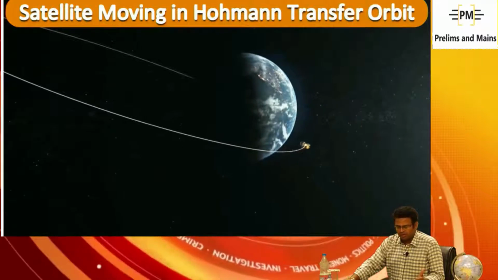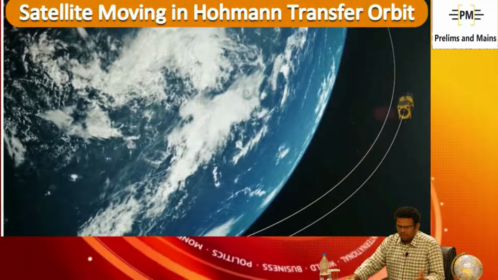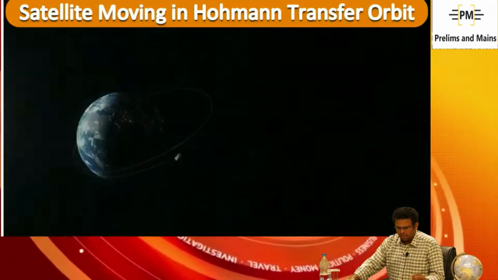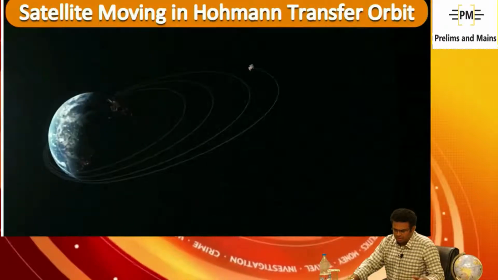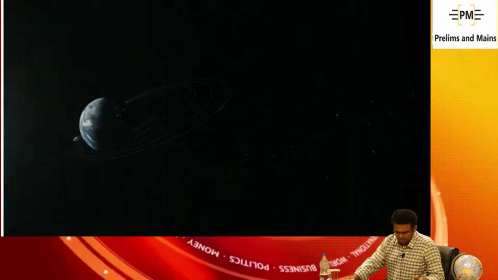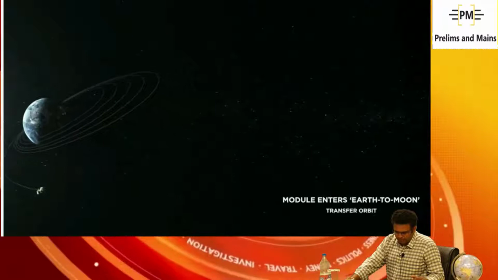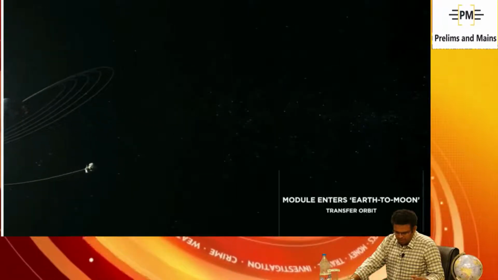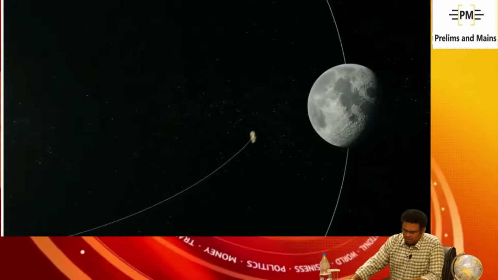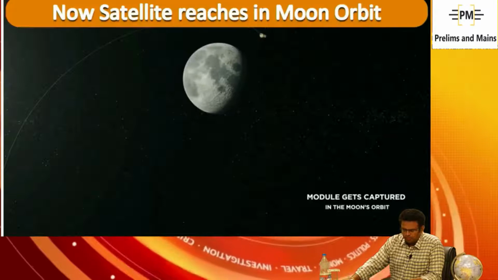Every time it comes near the Earth, it gives an extra burn, burning a little fuel, and comes out into the elliptical geosynchronous transfer orbit that I taught you a lot about. Then slowly it started moving towards the moon's gravity, able to reach it, and then started revolving around the moon.